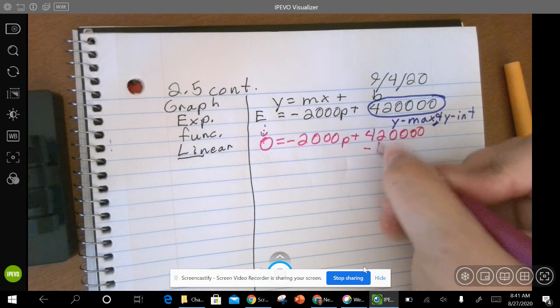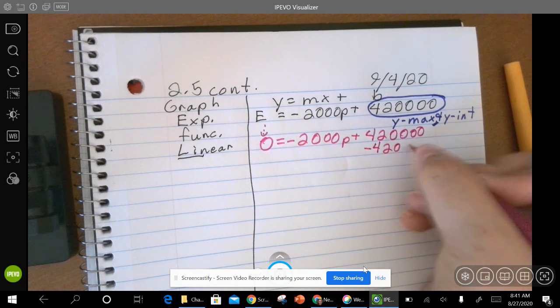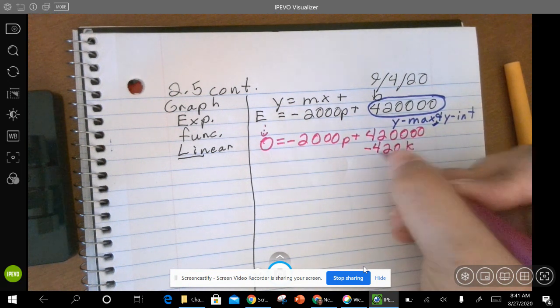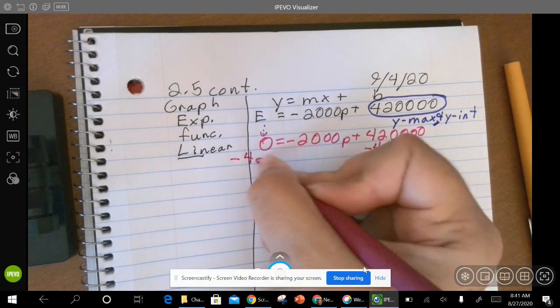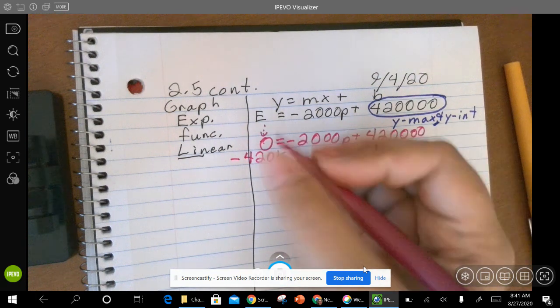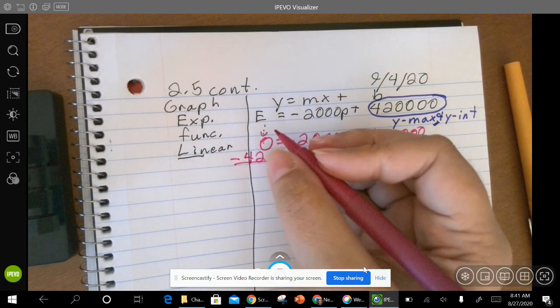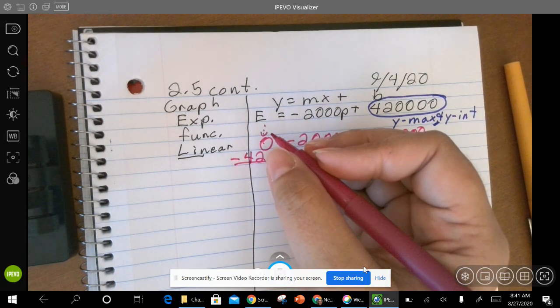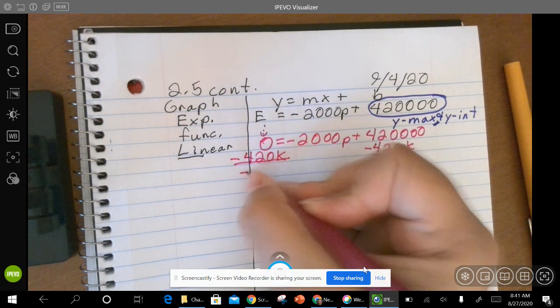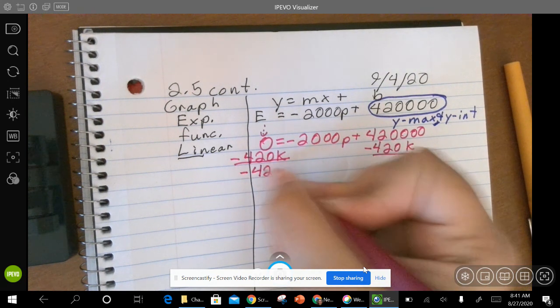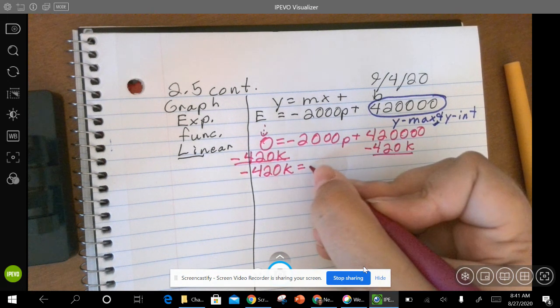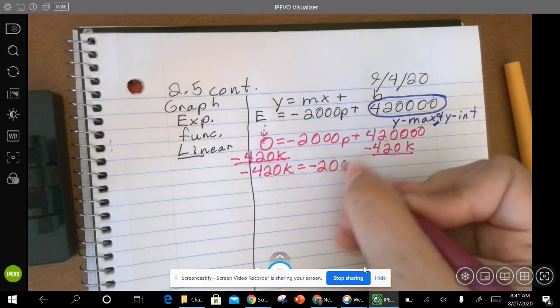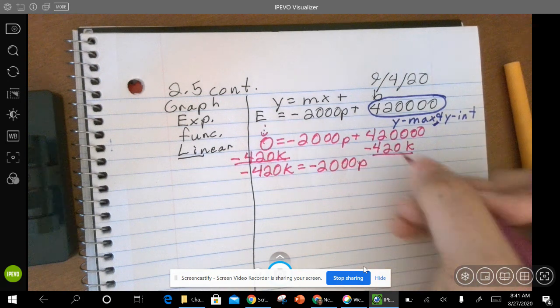Going to subtract 420,000 from each side. What we do on one side, we have to do on the other side. So negative 420,000 is equal to negative 2,000 times the price, and this is going to be 0.